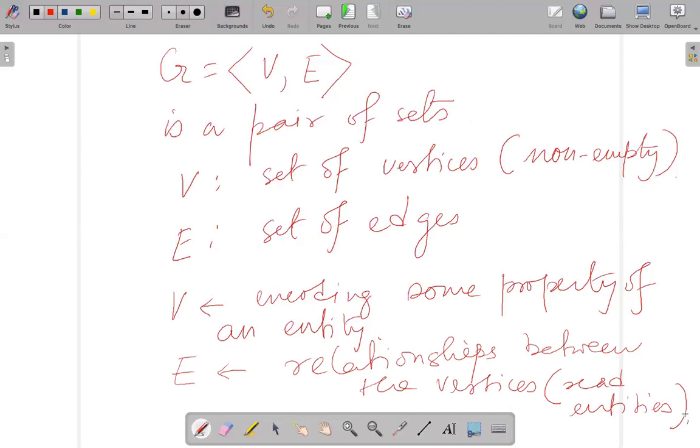So what I want to mean here is that V actually denotes an entity, and this entity could be denoted by some specific property of the entity. Could be as simple as a label indicating that entity. Or you can think of a social network like Twitter. Here V is the set of users and E is the set of followers and followings.